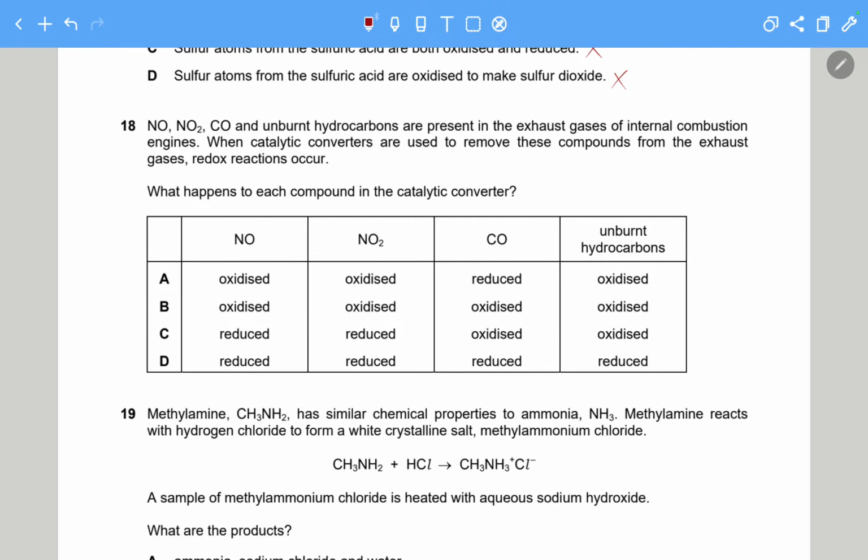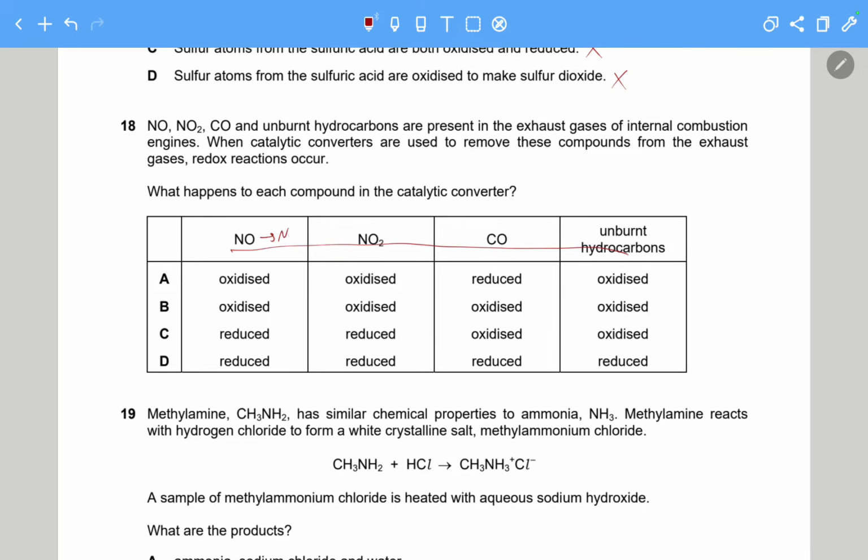Then question 18. NO2, CO and unburnt hydrocarbons are present in the exhaust gases of internal combustion engines. When catalytic converters are used to remove these compounds from the exhaust gases, redox reactions occur. From our knowledge, we see these compounds and we know what happens to them because we've learnt about this.